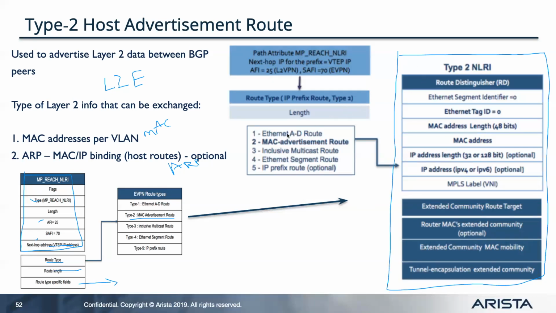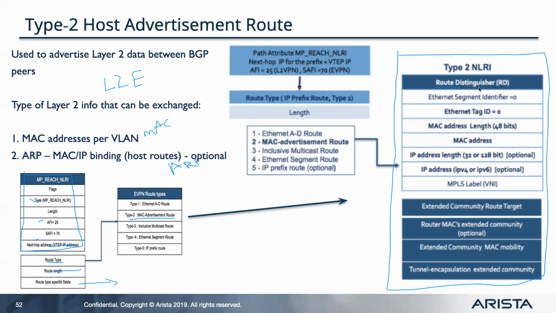For each of type 1, 2, 3, there is a separate format. This is the common format, which will be on top of all the route updates, and after that is the unique format for each update message, depending on which update you want to send. So this is the type 2 update message.